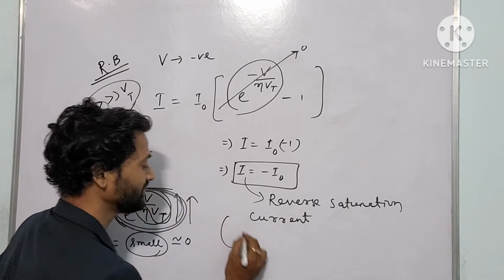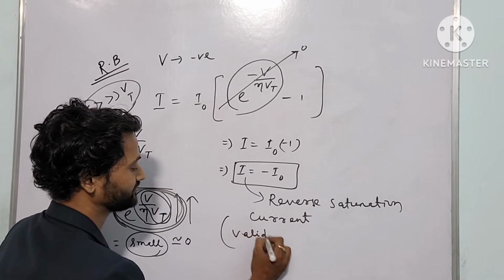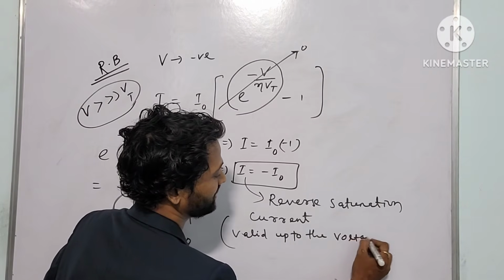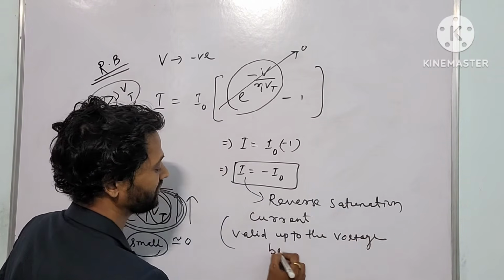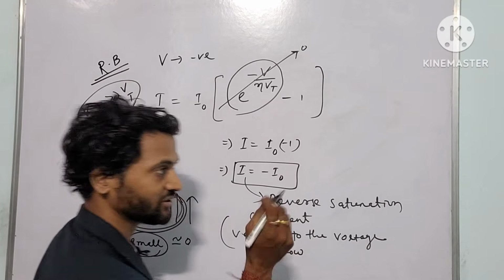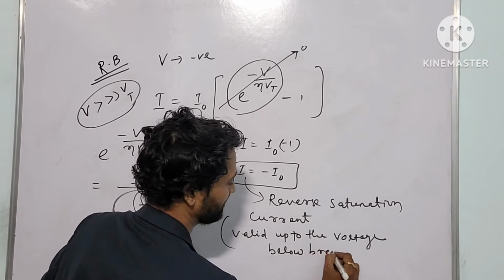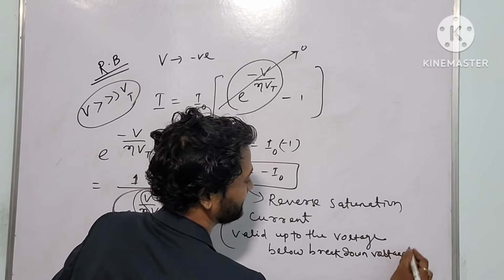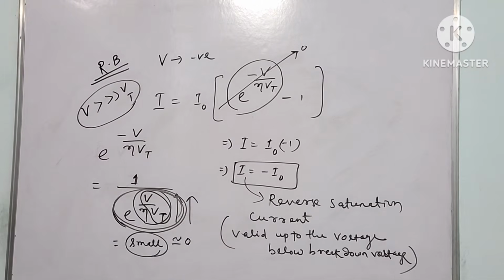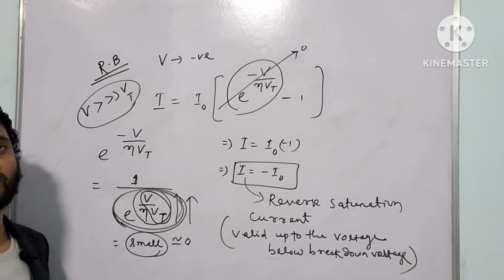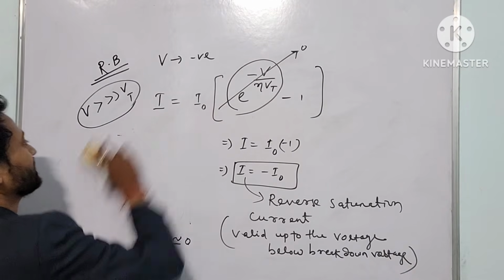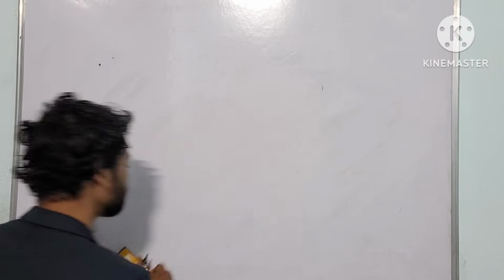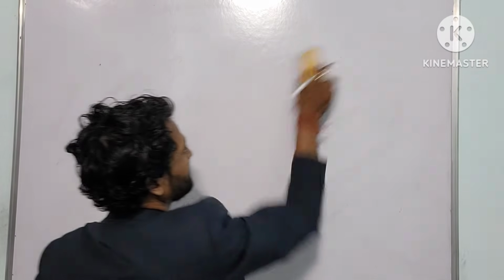And most important, याद रखना, it is valid up to the applied voltage below the breakdown voltage. ठीक है, so that is all about diode current equation. Clear? Okay, so now we'll solve some numerical based on the diode current equation.